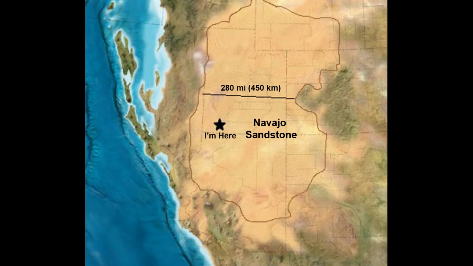So while really massive in size, this ancient sand sea was not out of the ordinary compared to modern sand seas like in North Africa and Arabia, but much larger than any of the North American sand seas that we have today.